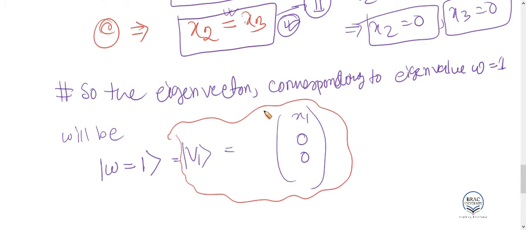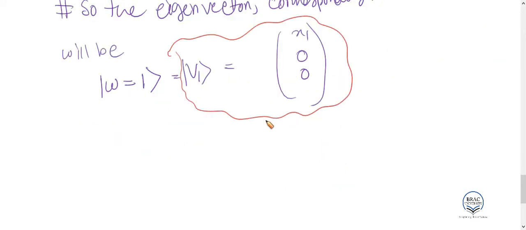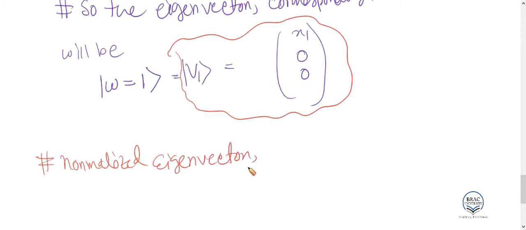But we can do better by normalizing the eigenvector. So if you are asked to normalize the eigenvector, let's call it v1 prime. That means it has a unit norm, and this will be just v1 divided by the magnitude of it.